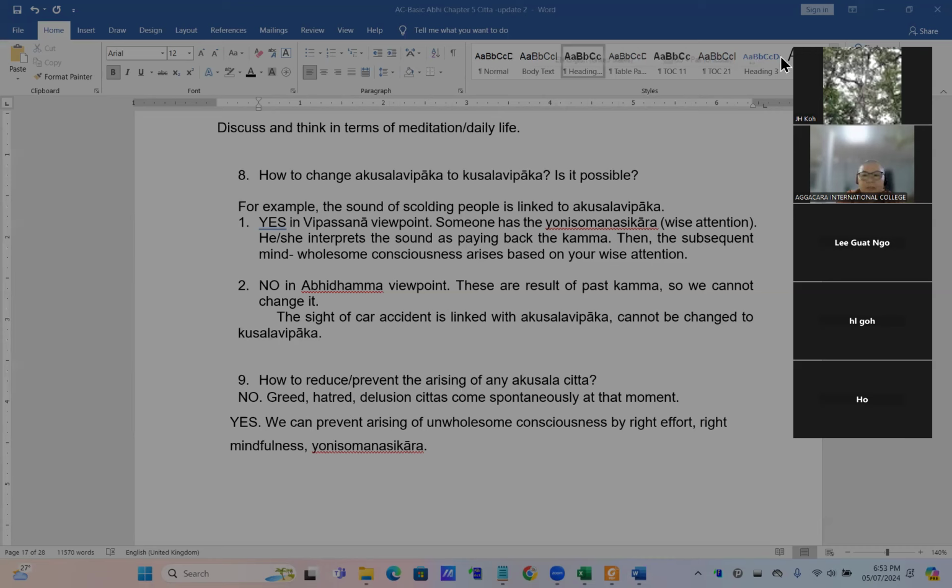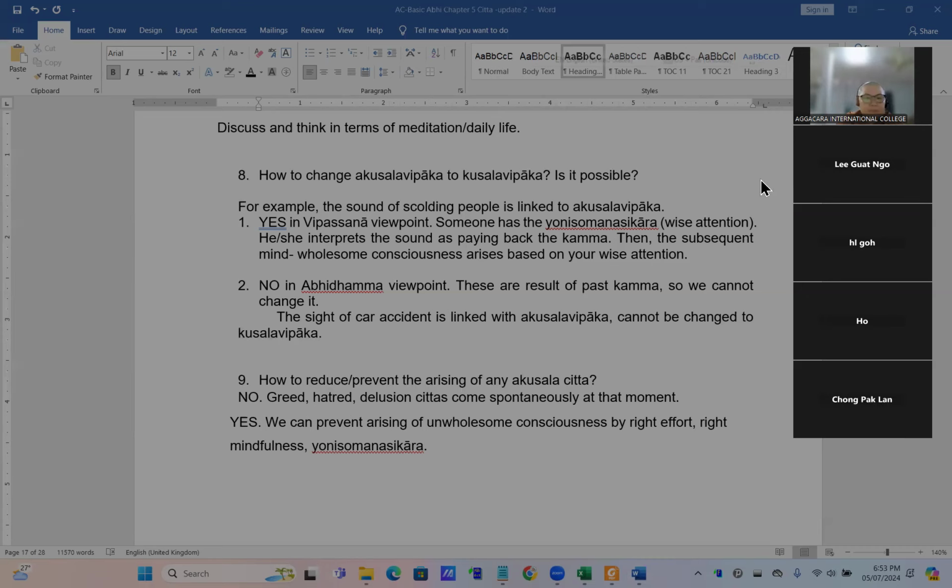Yeah, I think in this case it's definitely yes, because if not, then how do the four right efforts come into the picture? The four right efforts tell us that we can actually restrain ourselves from the unwholesome that has not yet arisen, and then we can encourage the wholesome thoughts, wholesome citta.